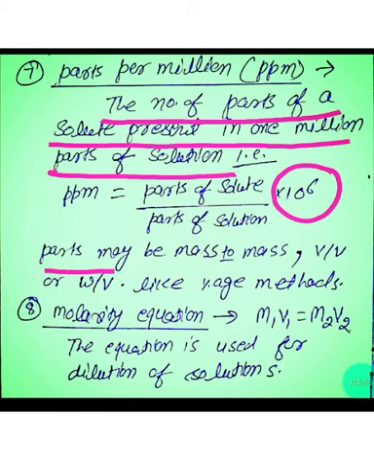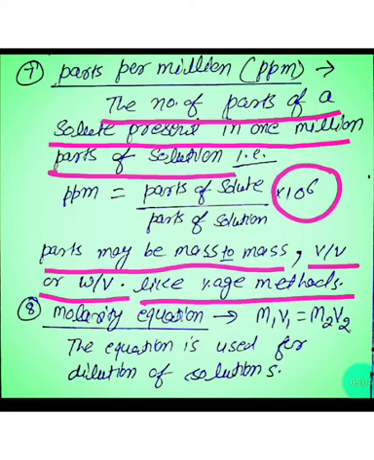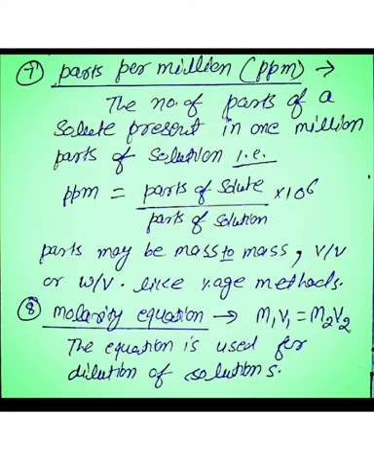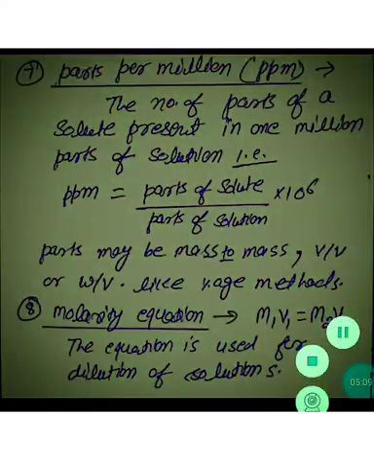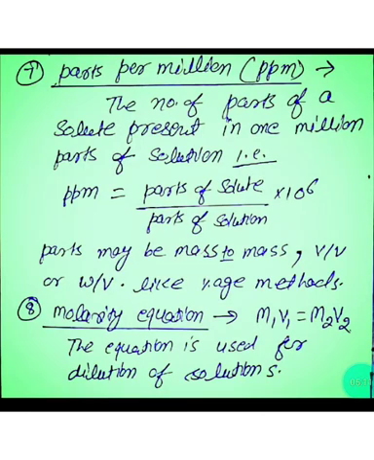So parts may be mass to mass, volume to volume, or mass by volume, like percentage methods. So simply we have to use 10 raised to power 6 at the place of 100 in percentage methods, then it will become parts per million.